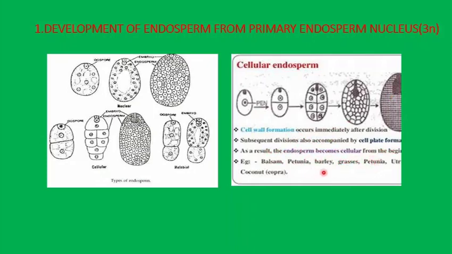This development of endosperm happens before the development of the embryo because endosperm provides nourishment to the developing embryo. It occurs in many dicot plants as well as in monocot plants.